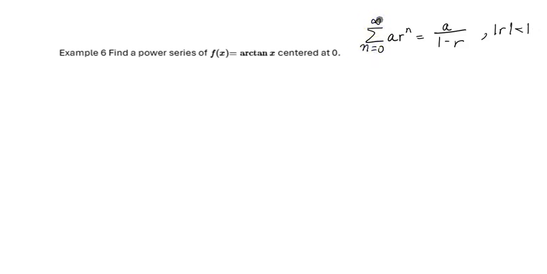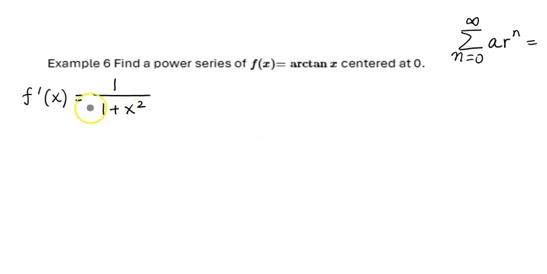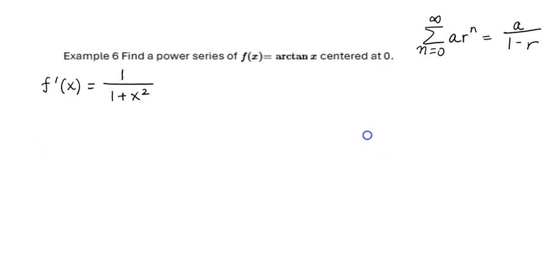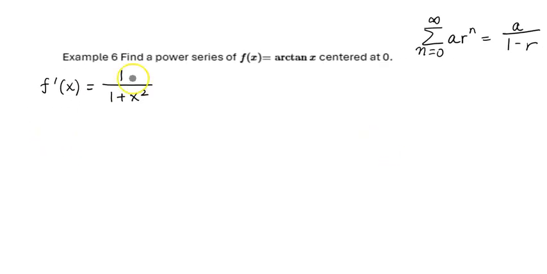So using what we know, I'm going to just differentiate f of x. We know the derivative of arctangent is 1 over 1 plus x squared. So hopefully we'll be able to use that, because now we do have a rational function. However, it's a little problematic for us that this rational function is quadratic in the denominator. So I'm going to instead consider a new function, g of x, that's no longer quadratic in the denominator.